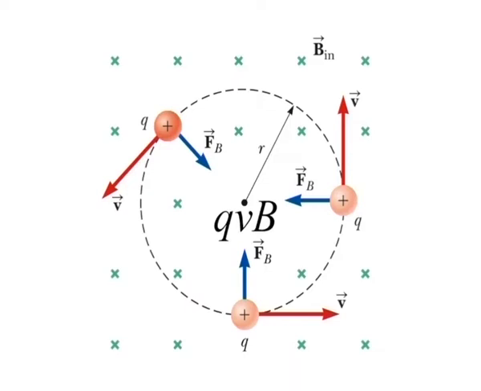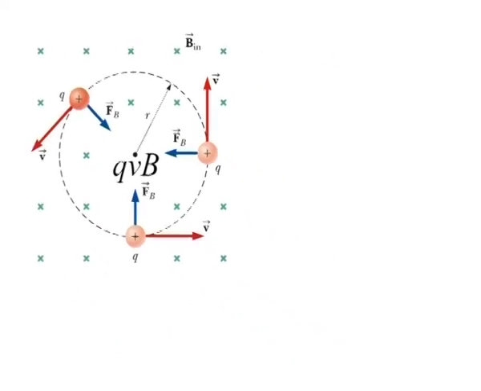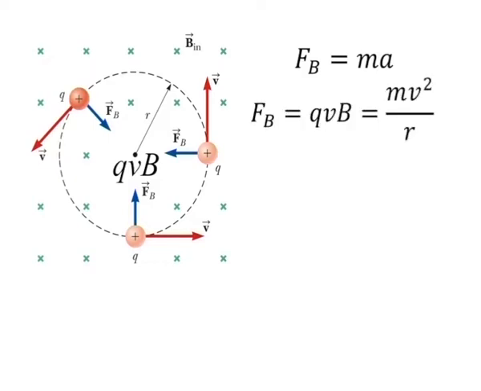We use the particle under a net force model to write Newton's second law for the particle as F_B = ma. Because the particle moves in a circle, we also model it as a particle in uniform circular motion, and we replace the acceleration with centripetal acceleration, that is F_B = qvB = mv²/r.